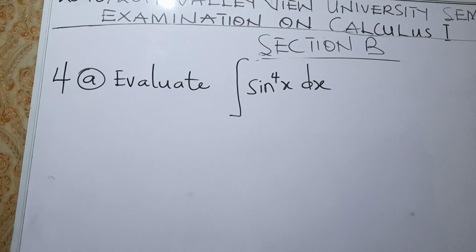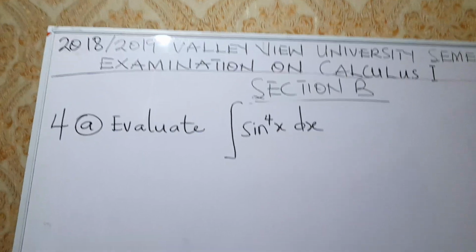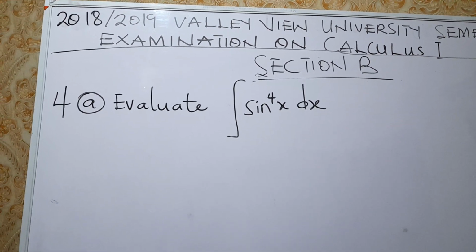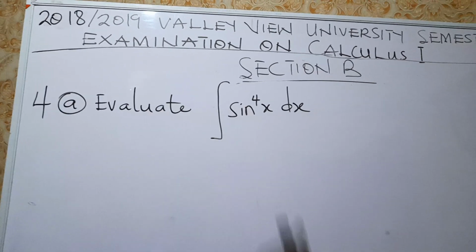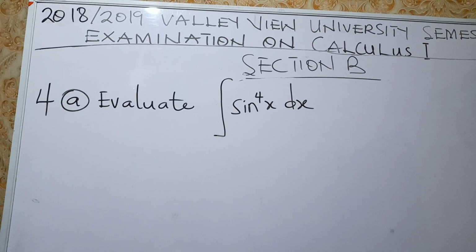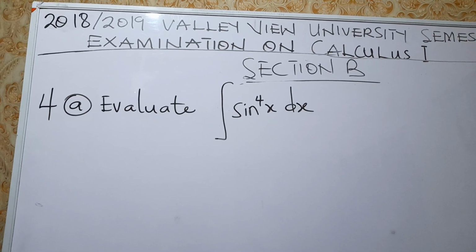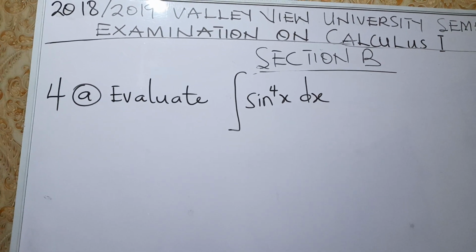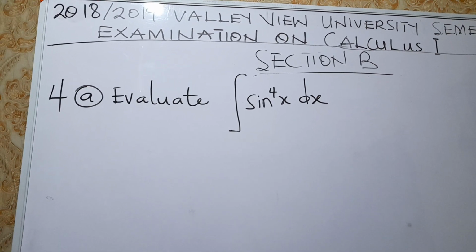So, the question 4 aspect, there are 3 questions there. And the A aspect of it is that we should evaluate the integral sine exponent 4 x dx. Now, before you can do this very well, you need to know some trig identities, which are in double angles.